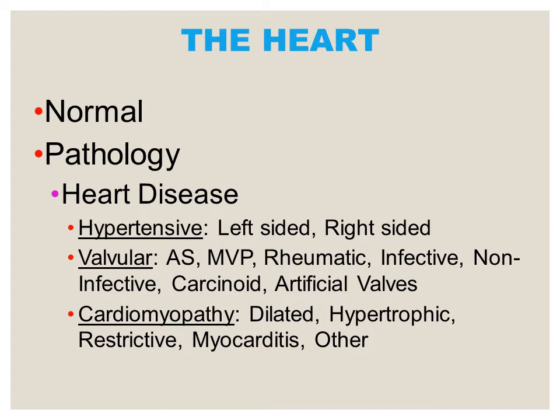And then the last are the cardiomyopathies, which could be dilated, hypertrophic, and restrictive cardiomyopathies. And then the inflammation of the heart muscle, myocarditis, and then pericarditis. So these are the common heart diseases that we will be discussing in this chapter.